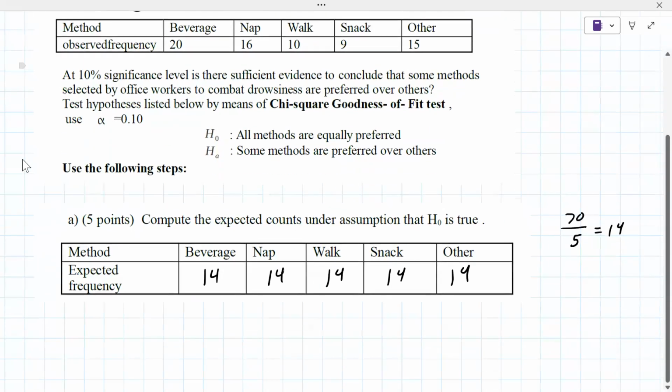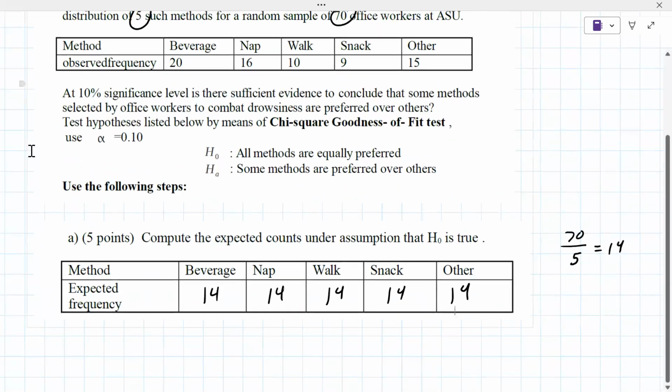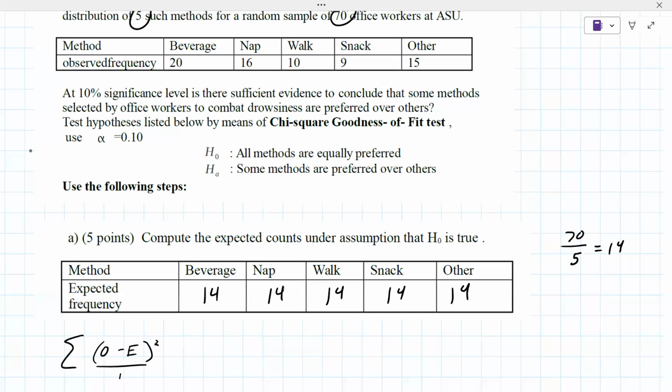So let's just calculate the chi-squared. To do that, you would take the summation of the observed minus the expected squared divided by the expected. So it looks maybe more complicated than it actually is.